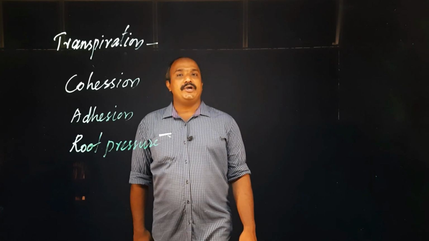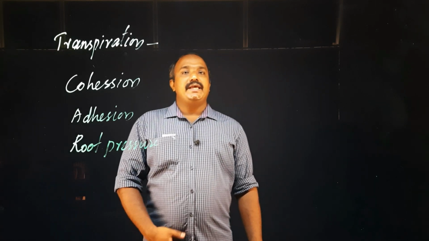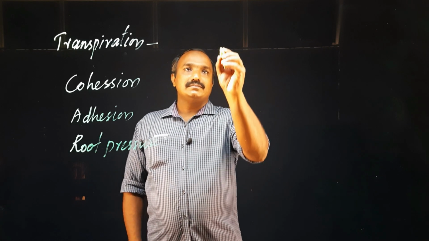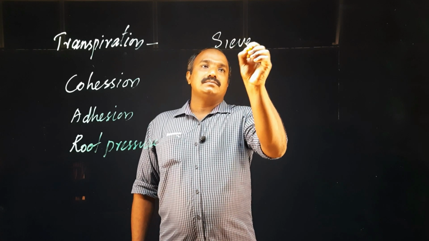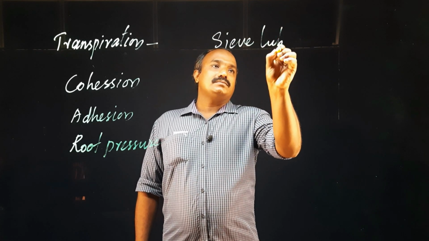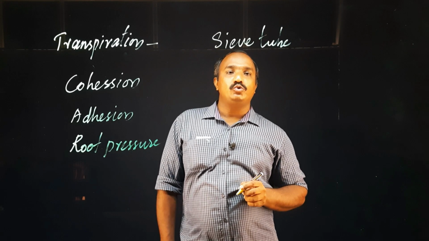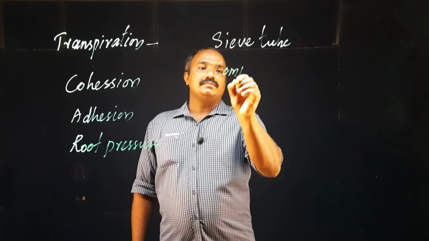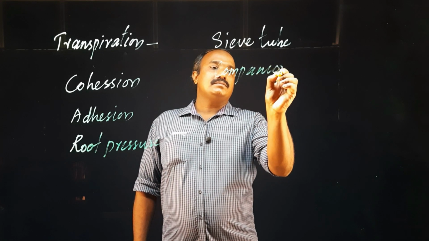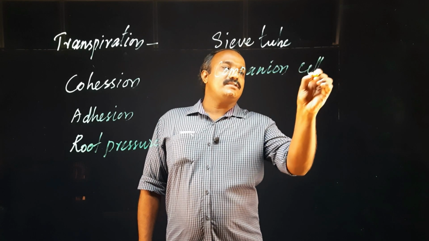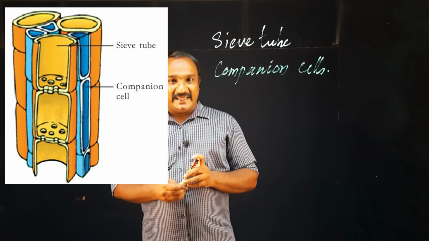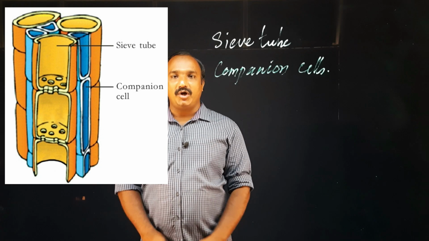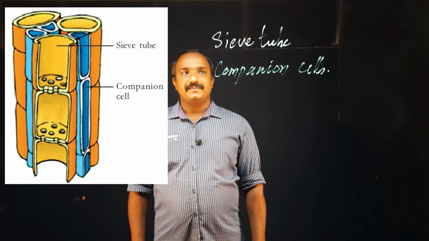In the case of phloem, there will be a main tube called sieve tube, and along with this companion cells. These 2 are the major parts related to the supply of what? Food materials to all parts of the plant.